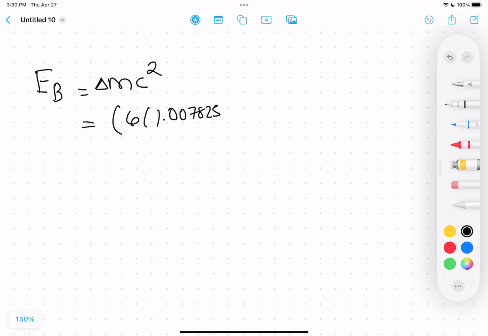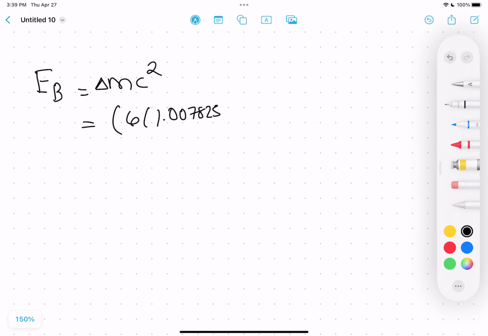So, like I said, you take the number of hydrogens times the mass of hydrogen, plus the number of neutrons times the mass of a neutron, minus the atomic mass number they gave you. We'll do 6 hydrogen atoms, or 6 protons in this case, because we're approximating the proton using a hydrogen atom.